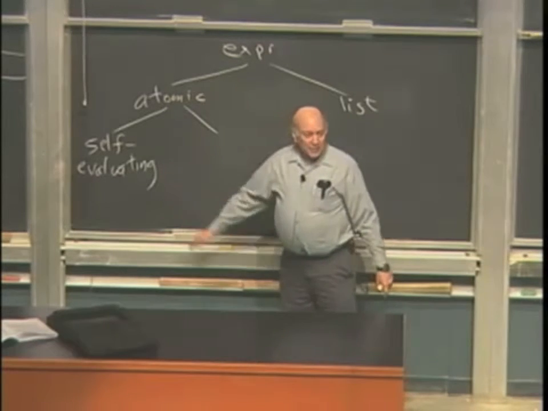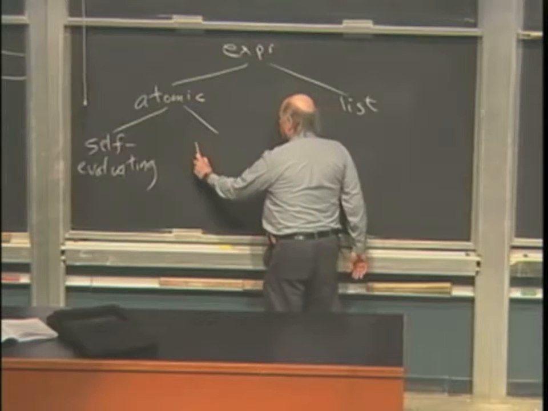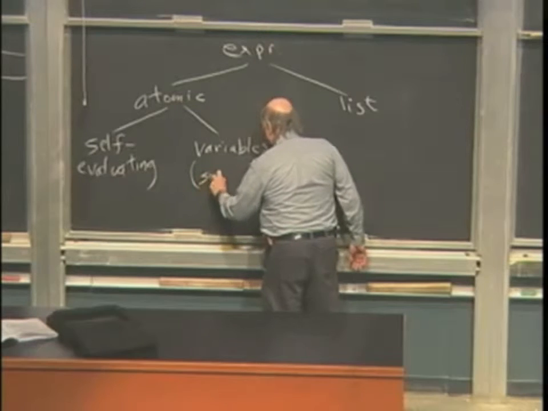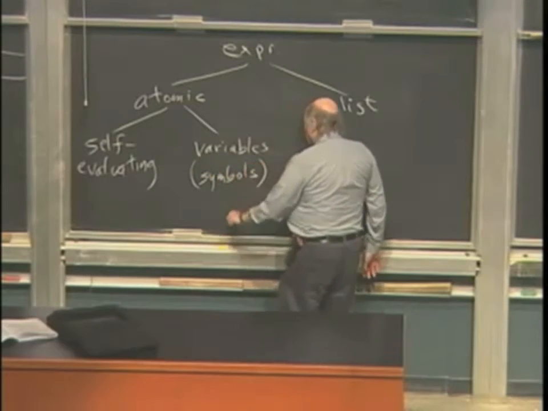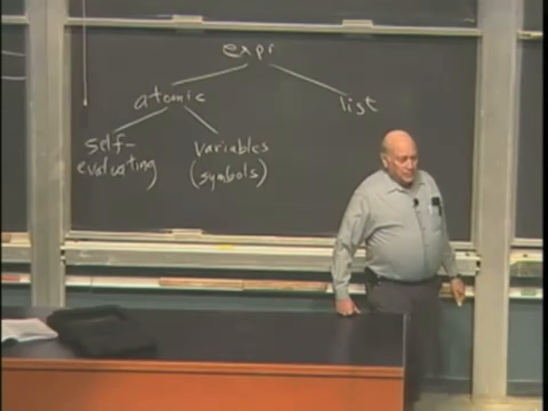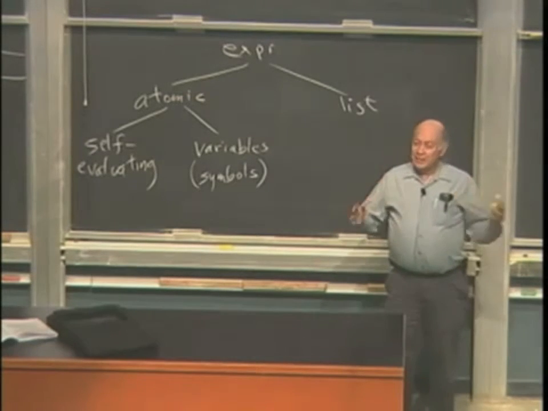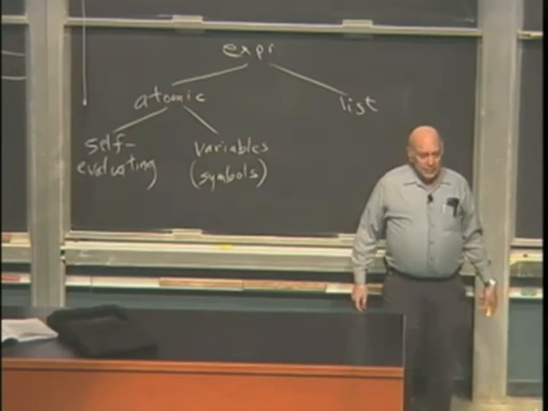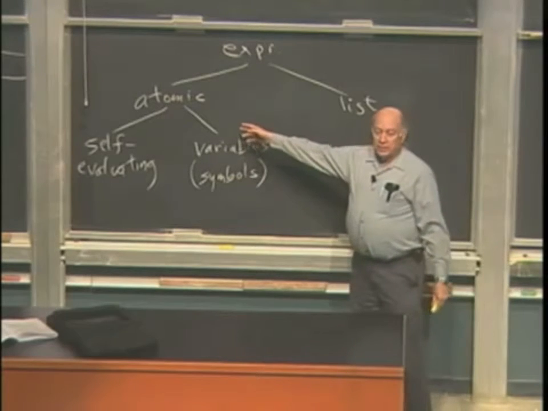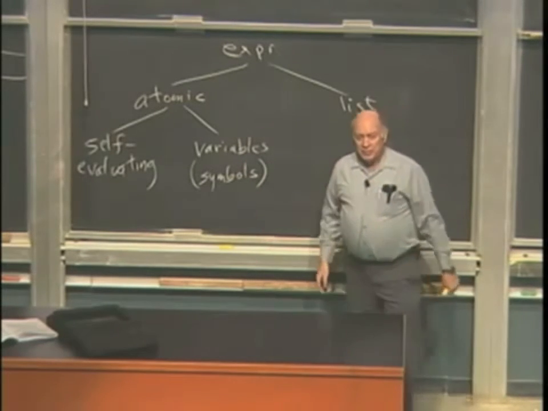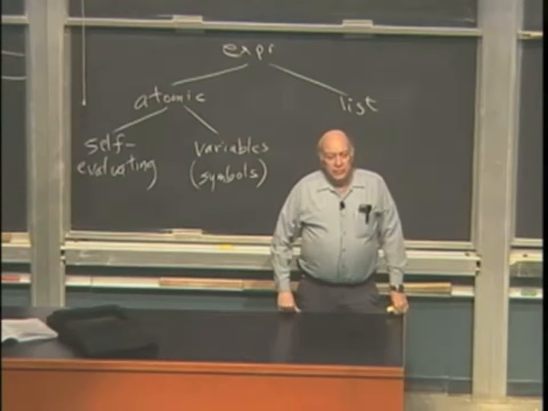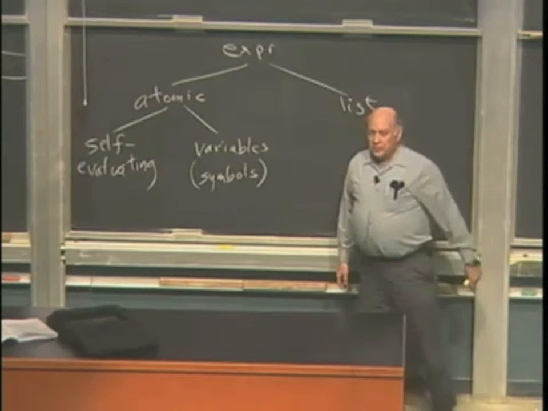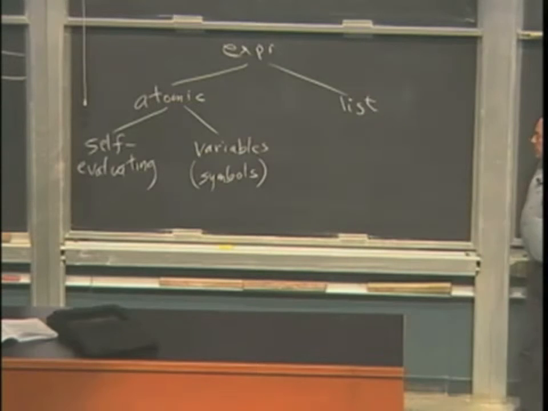So they're self-evaluating atomic expressions, and then the thing that's new is that there are symbols, which are the names of variables. And those are not self-evaluating. The value of a variable is whatever its stored value is. But it is atomic. When we see a variable, we're sort of at a base case of the recursion in eval. So we have the variable as just a thing to look up and find out what its value is.